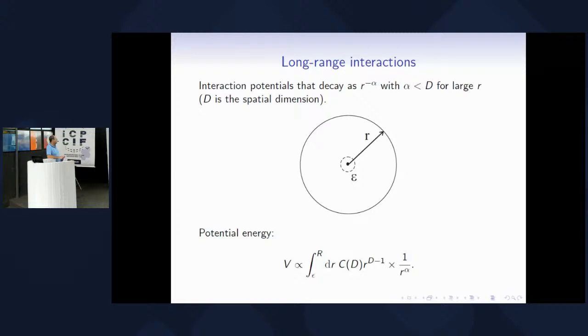Then what happens is, if you compute the interaction potential energy inside a given sphere of radius r, you see that if this exponent is smaller than the spatial dimension, your potential energy diverges with the distance. So the effect of very far particles can be even more important than near particles.